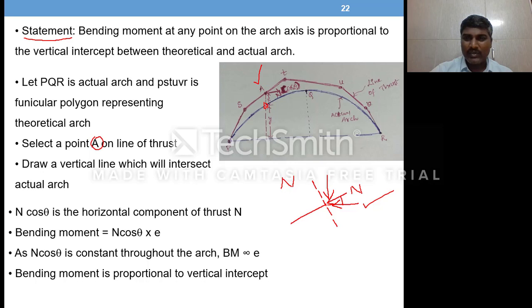The vertical component passes through this point, so there is no point in taking that force into the bending moment calculation, as the distance is 0. So the horizontal component multiplied by the perpendicular distance E, that is what is written here: N cos theta into E.